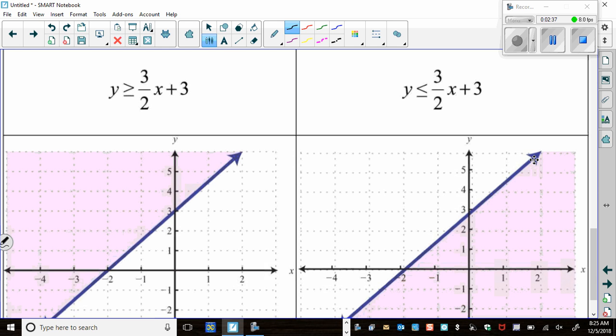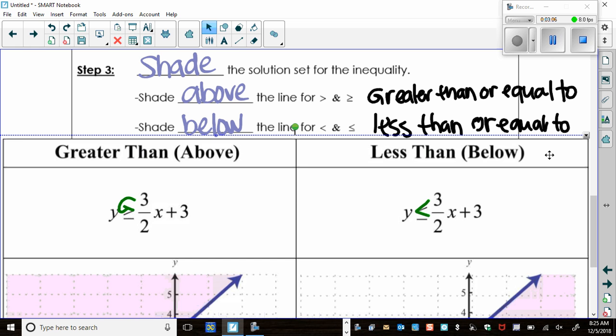What I like to tell my students that struggle with less than or greater than is that with greater than symbols, you can make a little G so that you know that's a greater than symbol and you're going to be shading above your line. And then obviously, from prior classes, you can have it look like an L for less than. Those are little tips that I used when I was in school, so hopefully that helps you guys out.